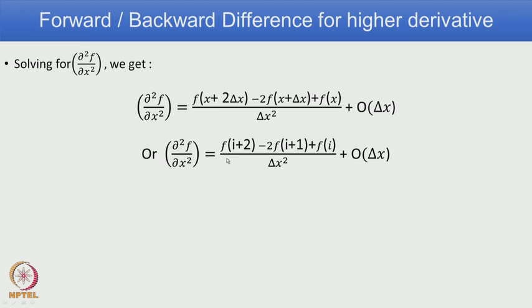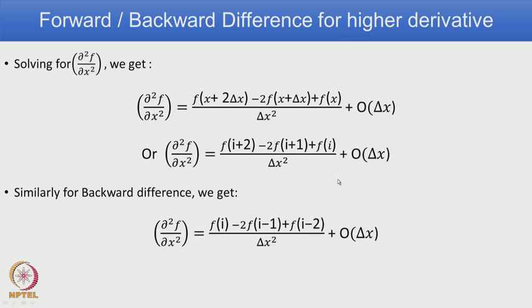And in i form it is written here: [f(i+2) − 2f(i+1) + f(i)] / Δx², and again of order Δx. Now, this is getting the second derivative in the forward direction, that is i+2 and i+1; function values at these two locations are used. Just like we did for forward differencing in the case of the first derivative, here also we have an expression evaluated based on function values at i+2 and i+1.